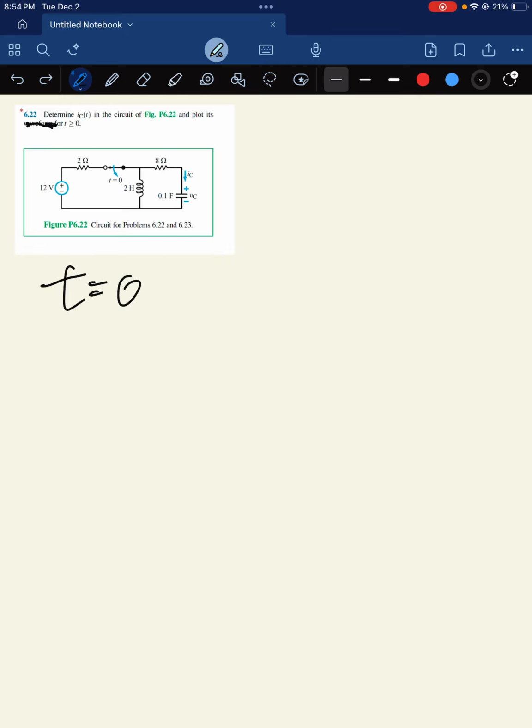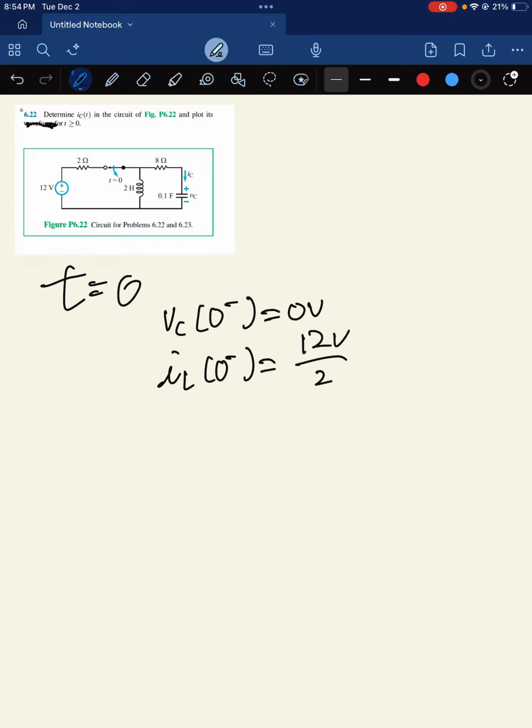And since there is no current going to the capacitor, the capacitor voltage is 0 volts. And now we're gonna find IL. It's gonna be 12 volts over 2 ohms, 6 amps.